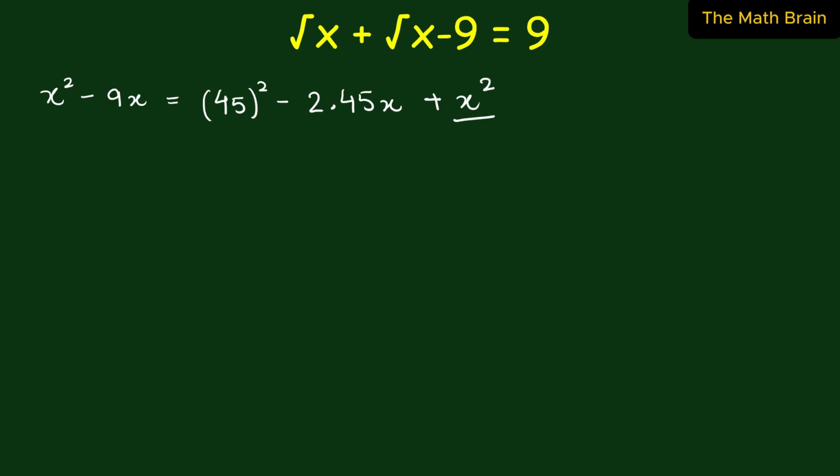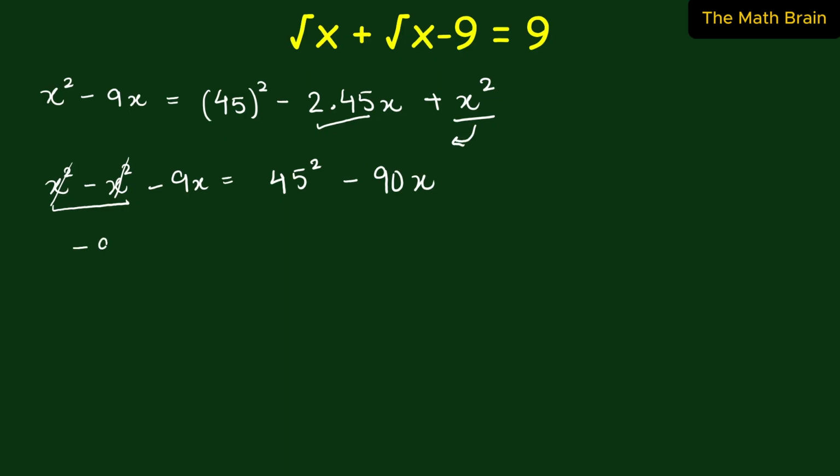If we take this x² to the left hand side, we will get x² − x² − 9x is equals to 45² − 2 into 45 is 90x. So if we subtract these x², we will get 0, or we can say these x² will cancel out.